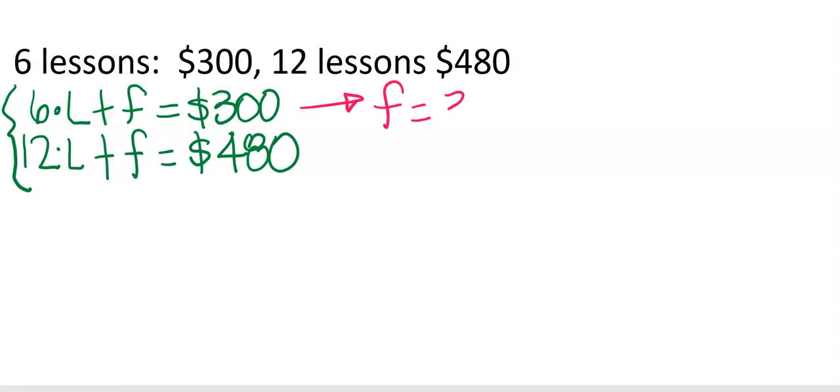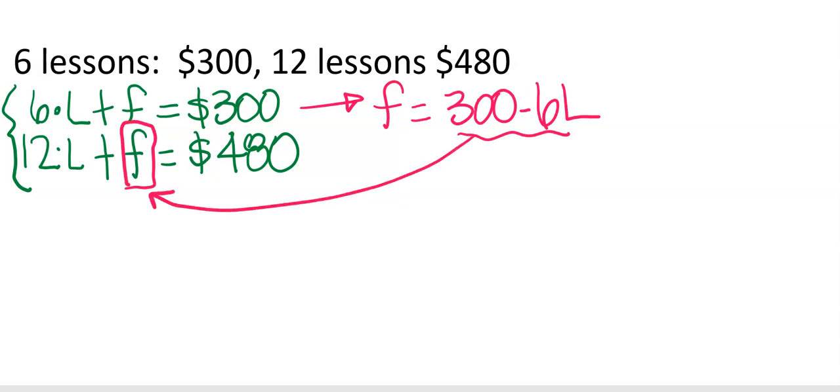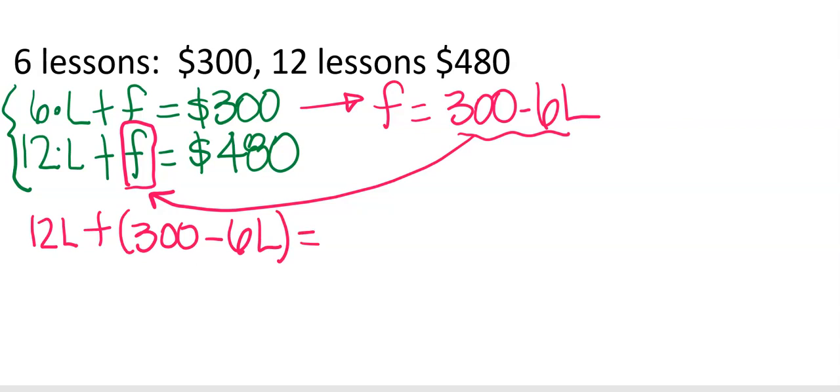F is equal to 300 minus 6L. This right here would go in for the second F. Do you need that in parentheses? You don't really need it in parentheses because it's just going in for a 1F.